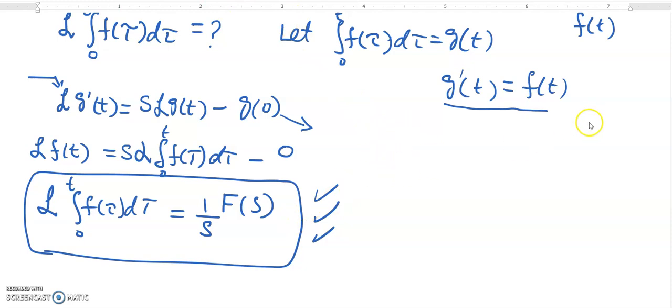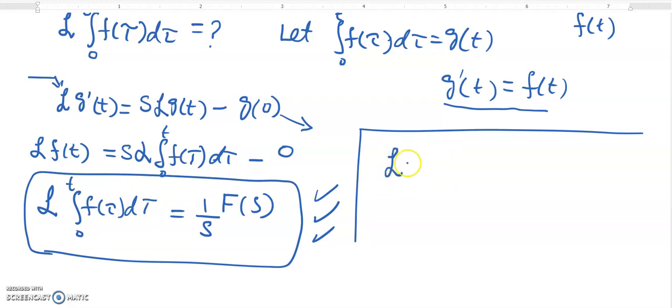Remember that this type of formula is useful for finding inverse transforms. What does it mean by the inverse transform? For example, if I say that Laplace of sine omega t is equal to what?